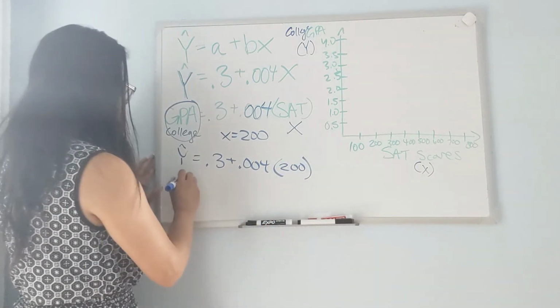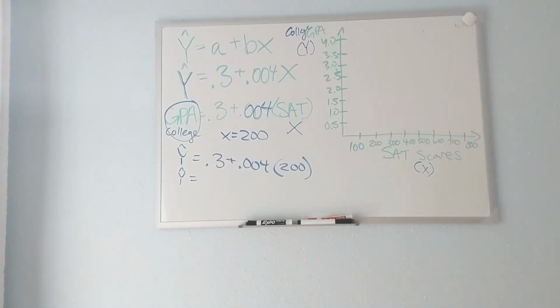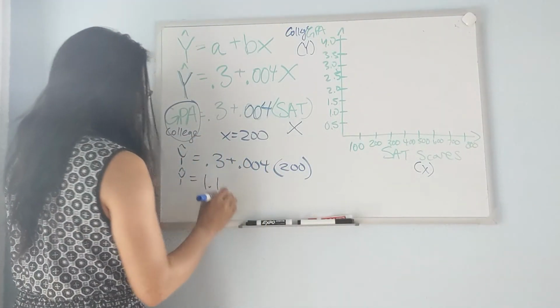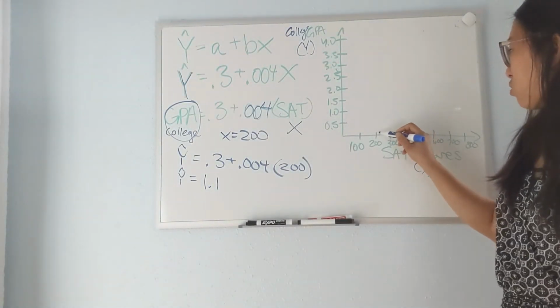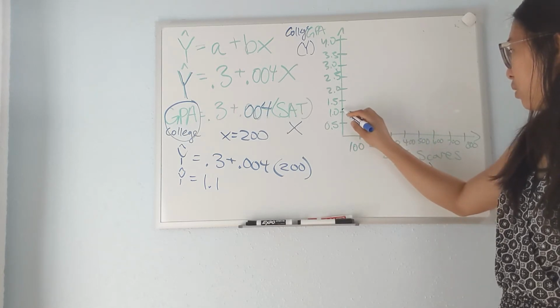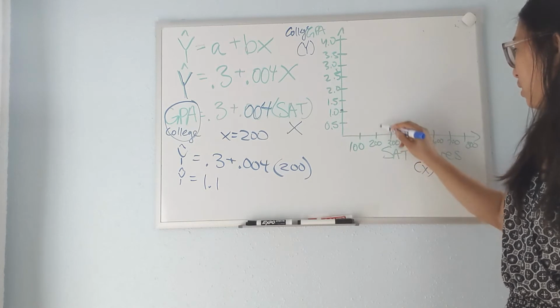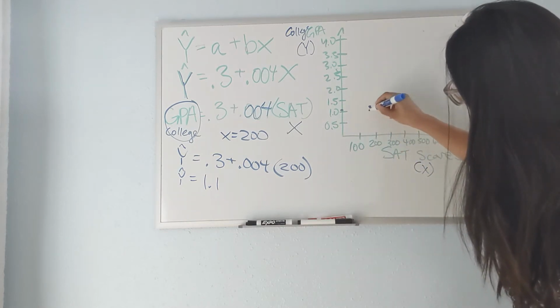So y hat, or our outcome measure, will then be, I need to use my calculator, 1.1. Then we go to our graph, to the x-axis at 200 right here, and then 1.1, which is about there, and we would plot that first.